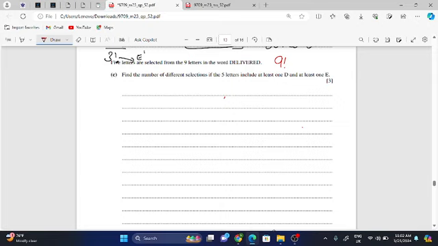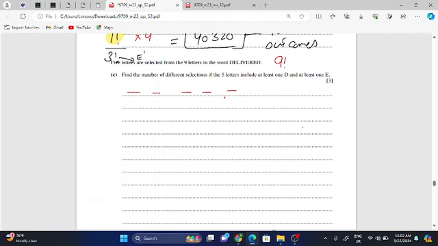So 5 letter words, 1, 2, 3, 4, 5. I have to fix these 5 positions. There are restrictions on D's and E's. How many times does D happen in total? 2 times. E comes 3 times in the word.